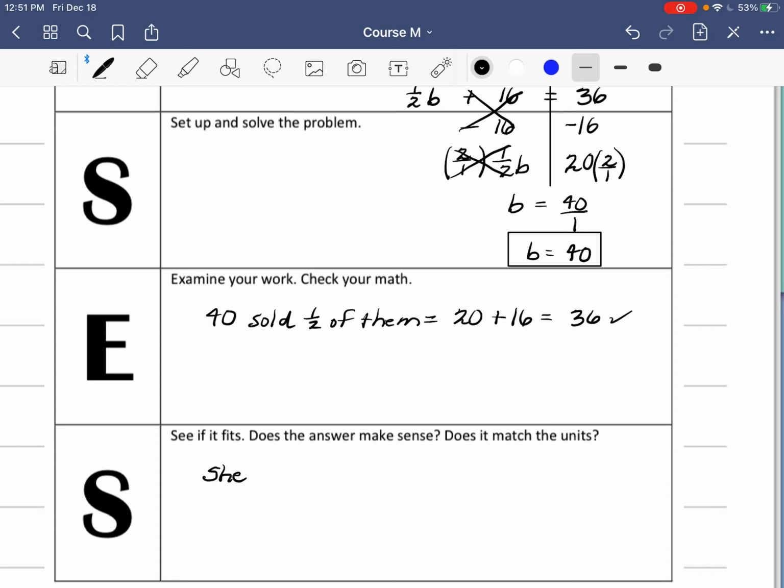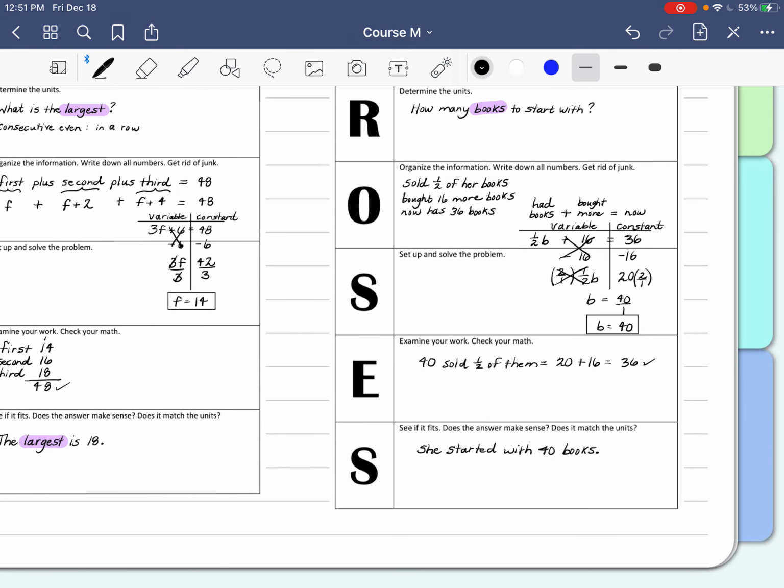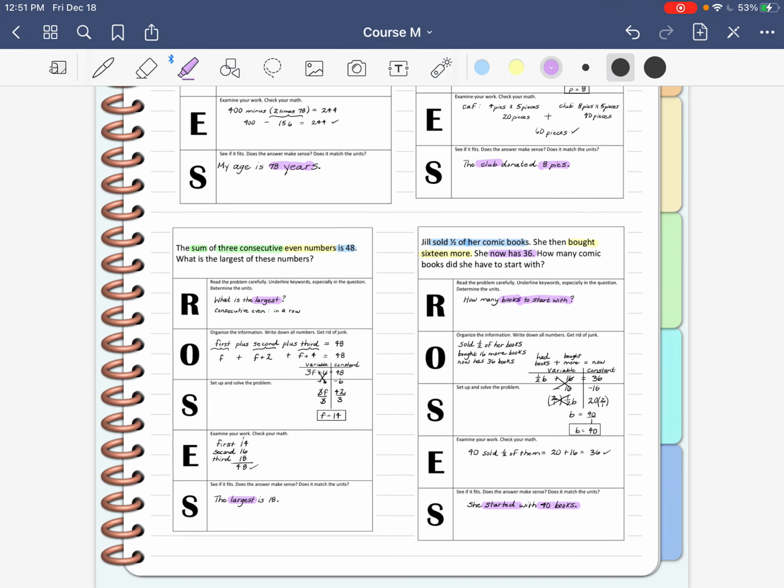So that tells me that my math is correct and that she started with 40 books. Make sure it matches. Books to start with, started with 40. Make sure that you're answering your question. If you're not answering the question, it doesn't matter how good your math is, you're getting the wrong answer.